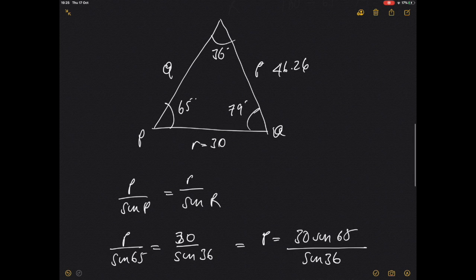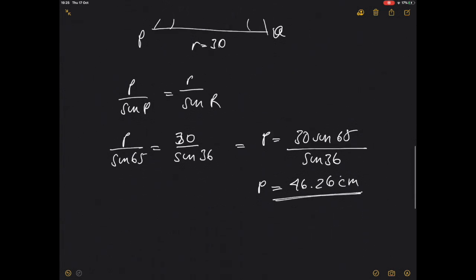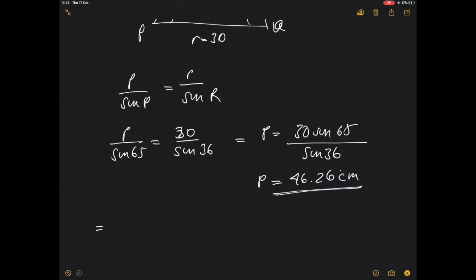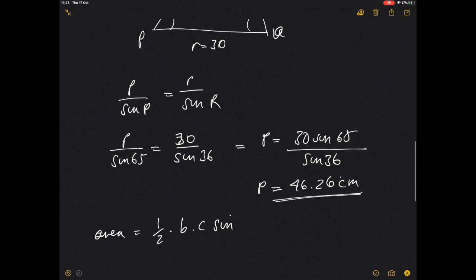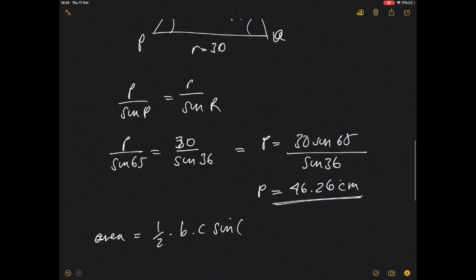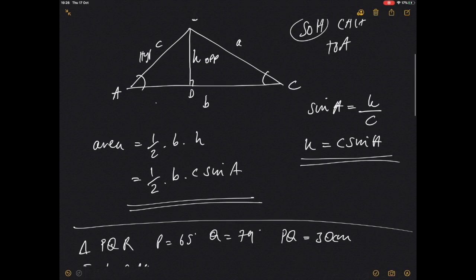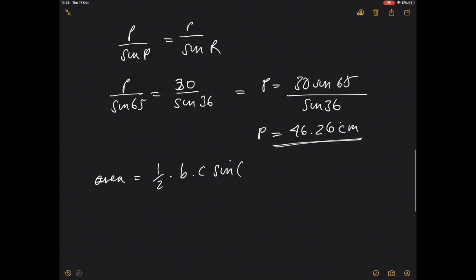We have our Q here, we follow it round, so the area would have to equal a half times a base times, our equation here, BC sine A.